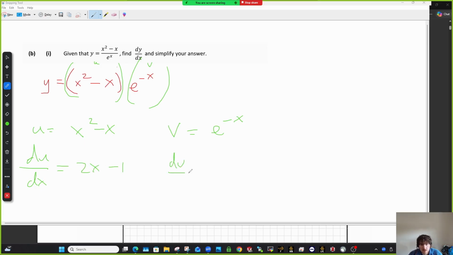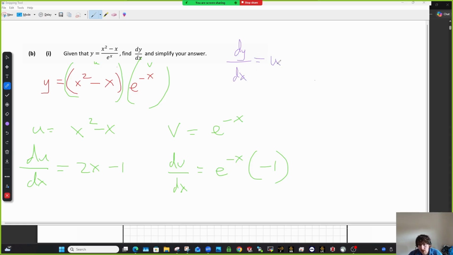And dv/dx. When we're differentiating these, the rule is for e to the power to stay exactly the same, and then we multiply by the derivative of what's in the power. So what's the derivative of minus x? It's minus 1. What I like about doing it this way is that when we're subbing in, the formula is pretty straightforward.